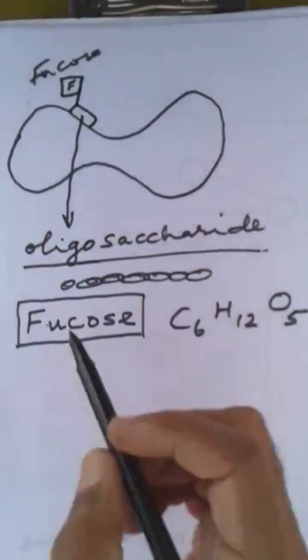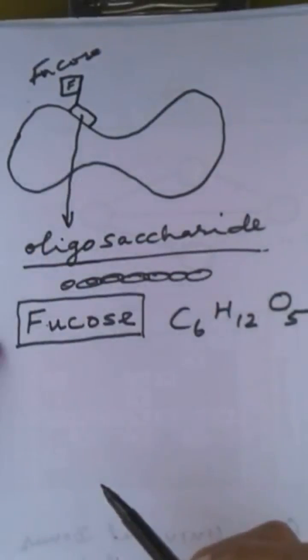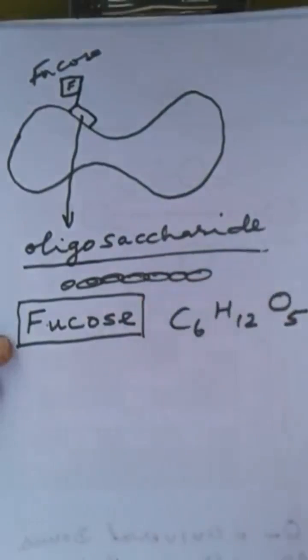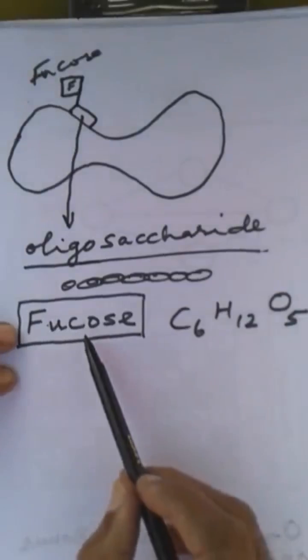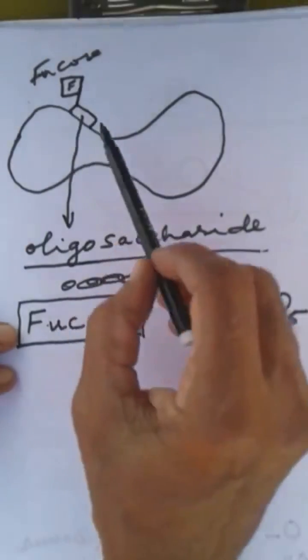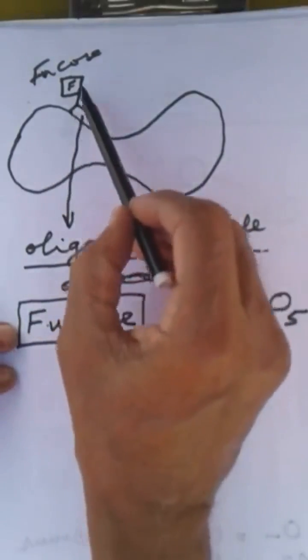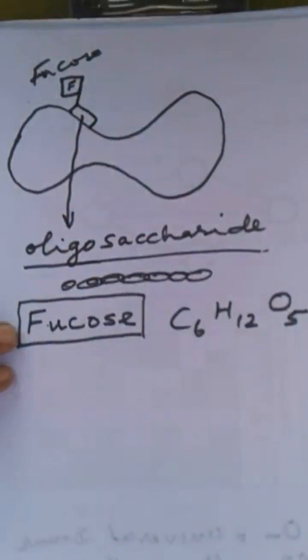From where can it come? It can come from the DNA molecule. A gene expresses, and thereby an enzyme is produced, and that enzyme comes to help this fucose to be transferred to the oligosaccharide.